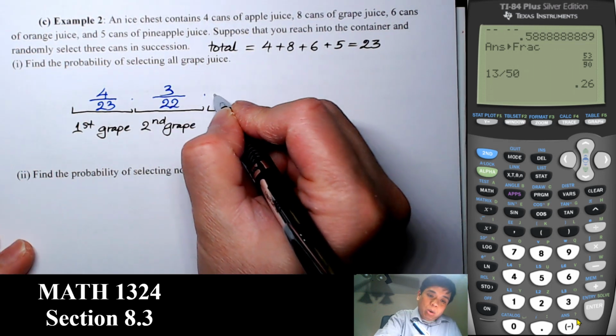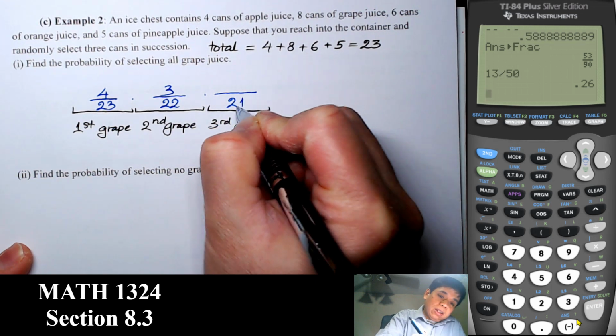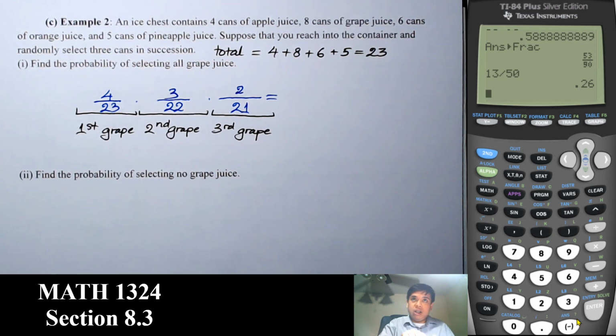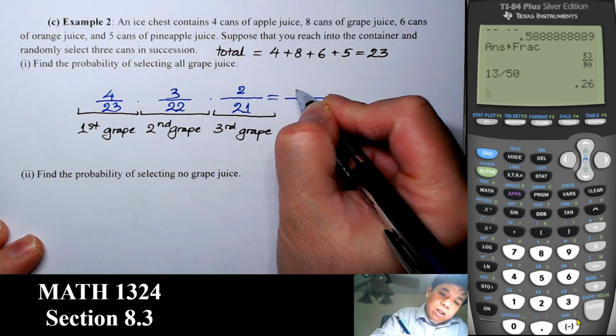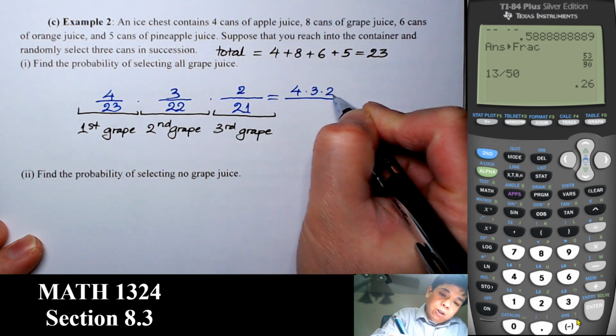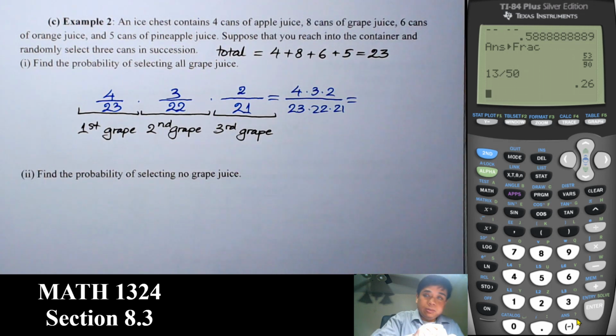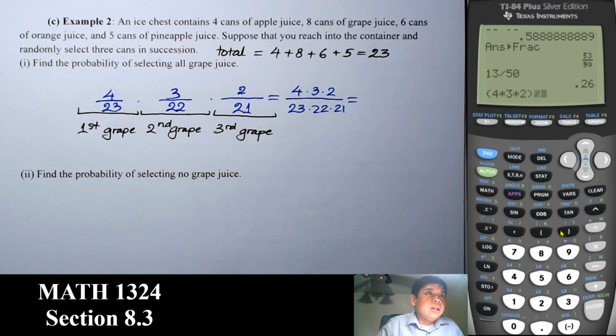Put those 2 away, there are only 21 left, and out of those 6 of them are grapes. So multiply straight across. 8 times 7 times 6 over 23, 22, and 21.